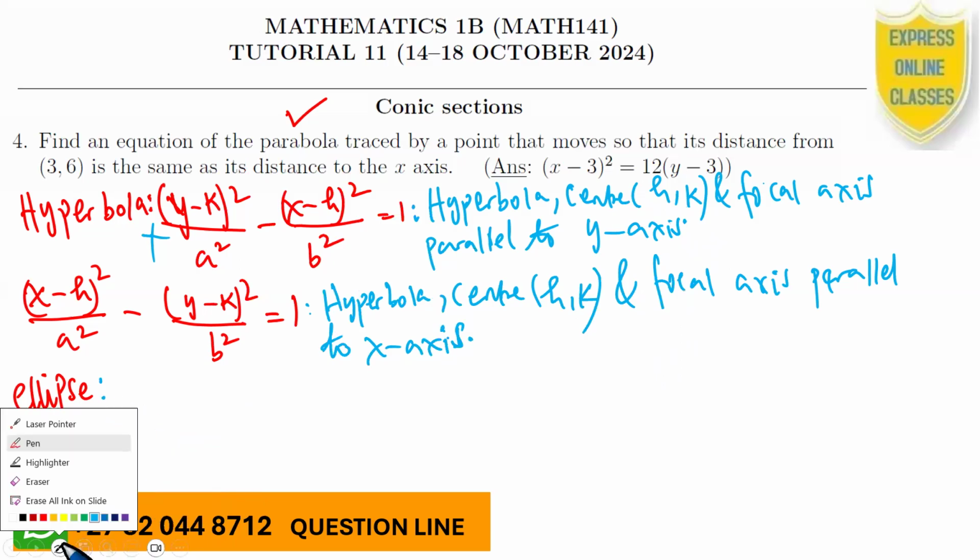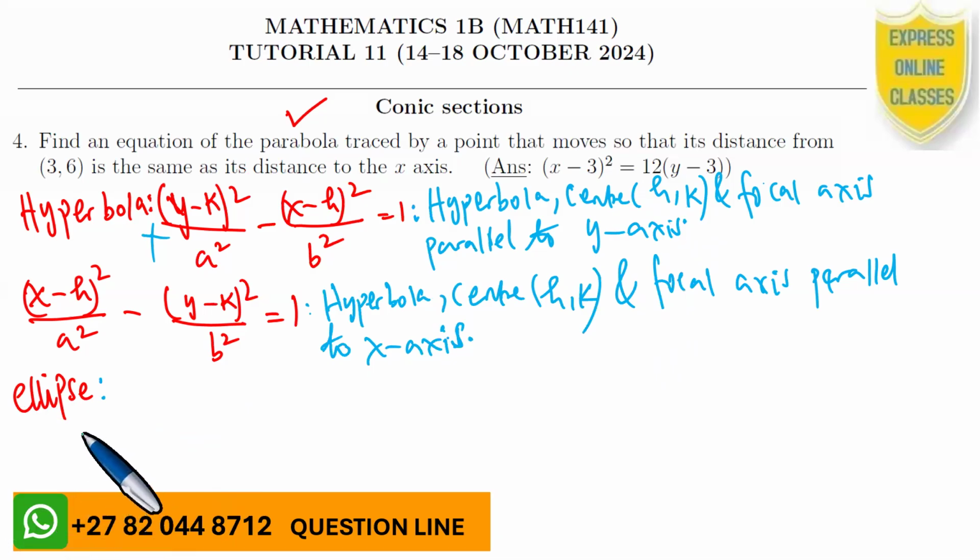What are the equations that pertain to the ellipse? How many formulas was I supposed to know?